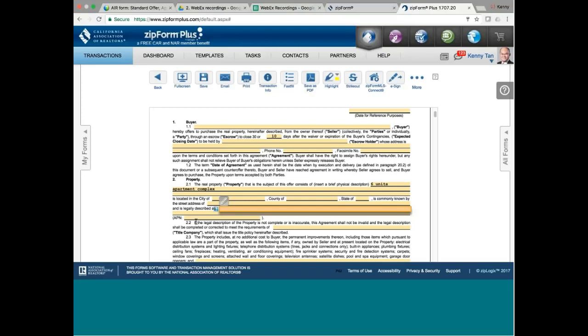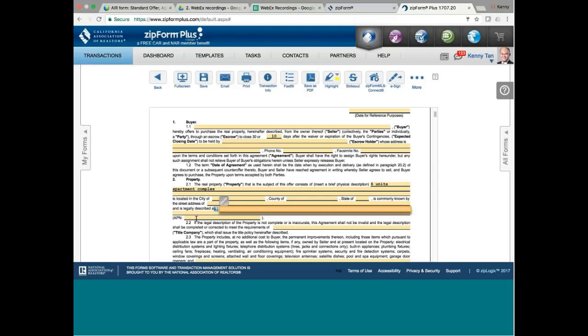The APN might be helpful. You know where you can get the APN from? You can get it from the Real List. You go to your CRMLS or MLS Listings or Bay East. Inside this MLS, there is a tab. It will either be called Real List Tax or Real List Tax 2.